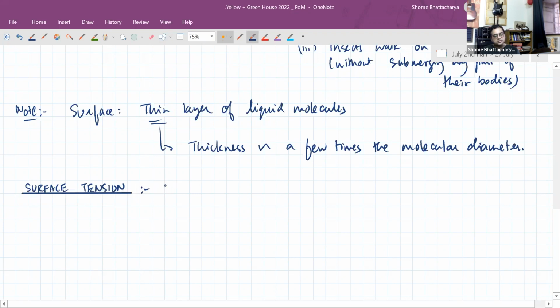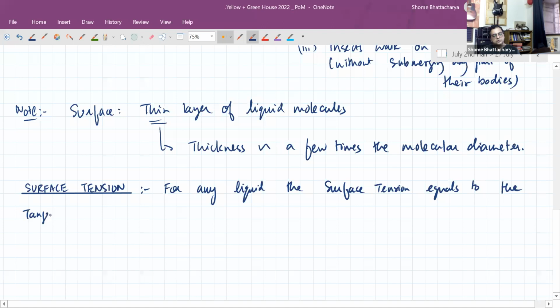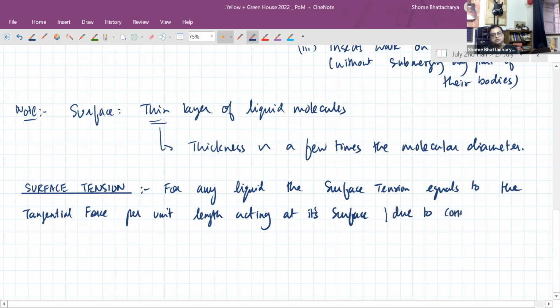So for any liquid, the surface tension equals the tangential force per unit length acting at its surface due to cohesive forces at the molecular level.